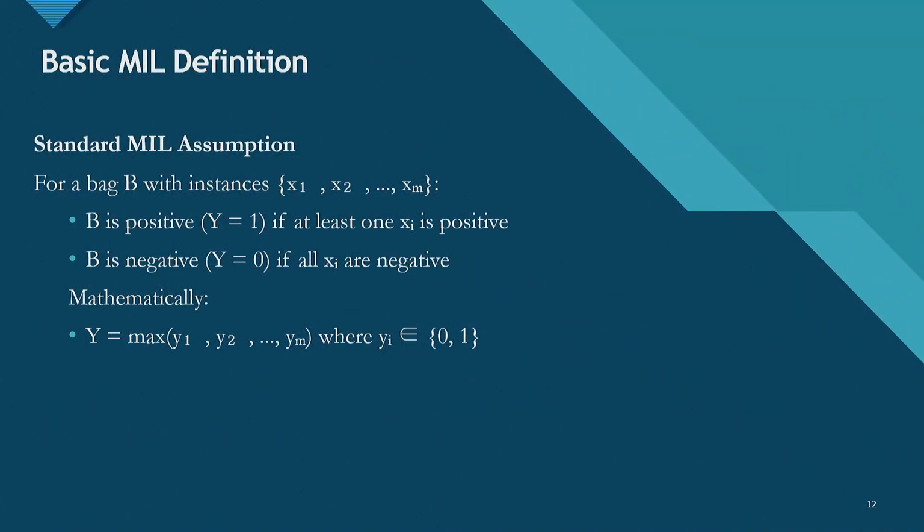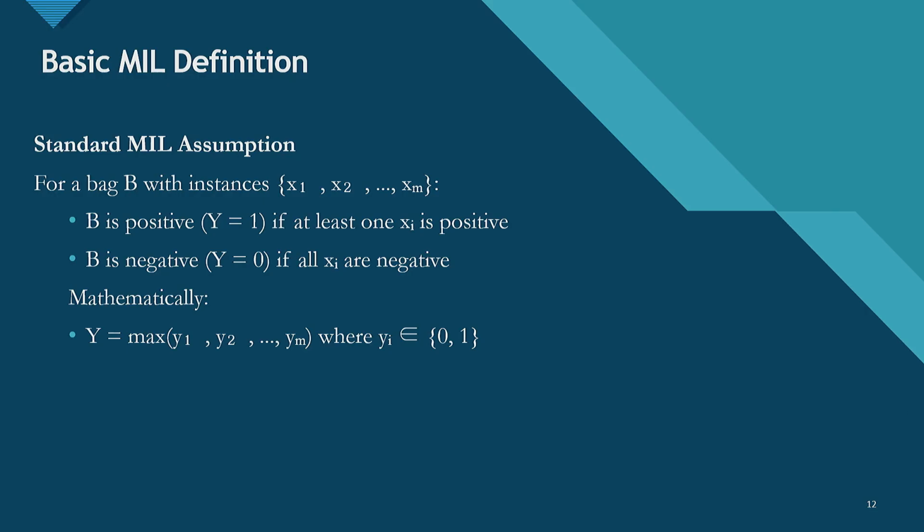So the standard MIL assumption, these are the same things, but I have shown with some formula. For example, B is considered as a bag, and it contains these instances, for example x1, x2, up to xn or m. This shows the patches inside that whole slide.